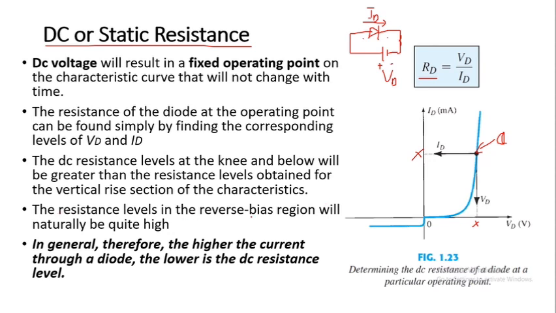The resistance level in the reverse bias region, where we have the negative VD, will naturally be very high.